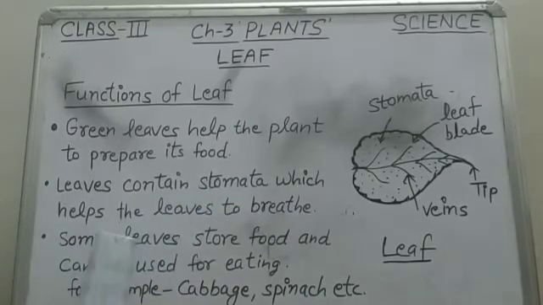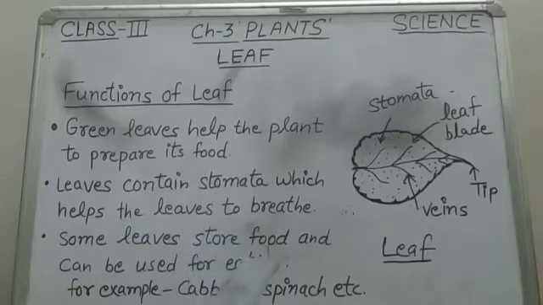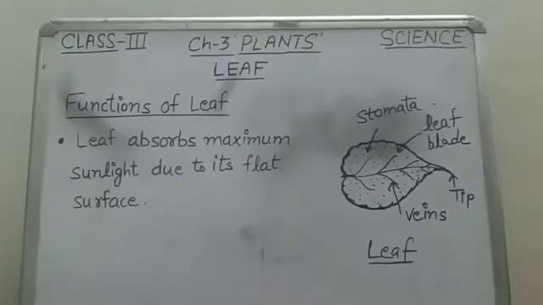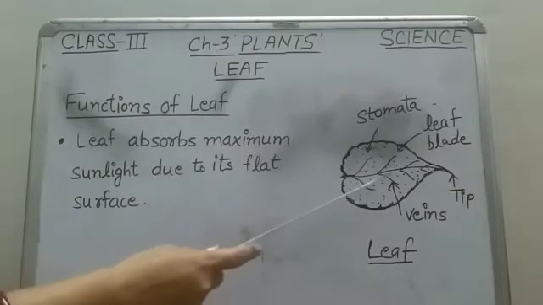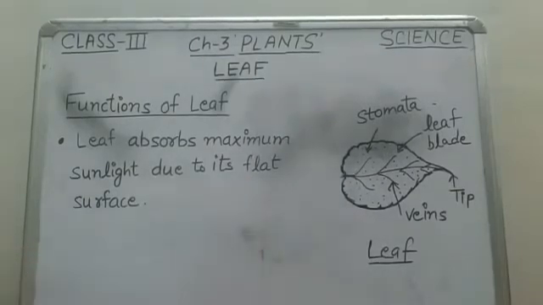Third one, some leaves store food and can be used for eating, for example, cabbage, spinach, etc. And as we know, sunlight is very essential for plants too. So, leaf absorbs maximum sunlight due to its flat surface, which is called leaf plate.